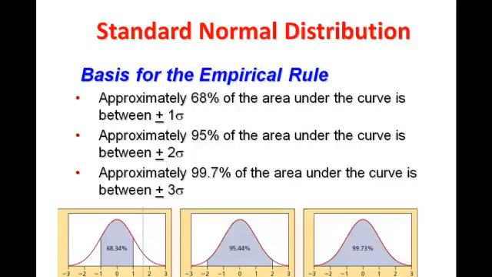Remember, when data are normally distributed, we expect 68% of the values to lie within ±1 standard deviation of the mean, 95% of the values to lie ±2 standard deviations away from the mean, and 99.7% of the values to lie between ±3 standard deviations from the mean, and that's shown on these graphs at the bottom of the slide.